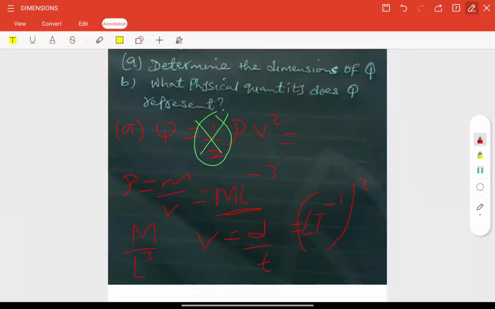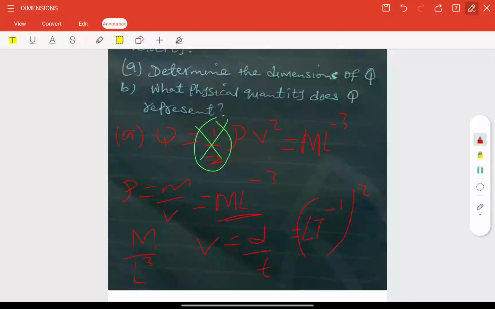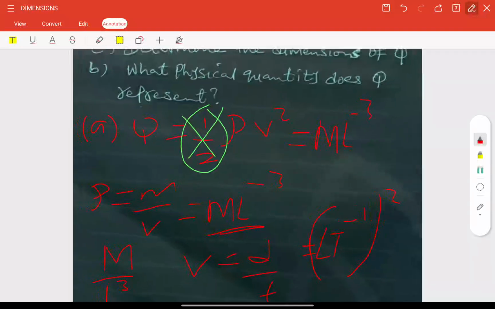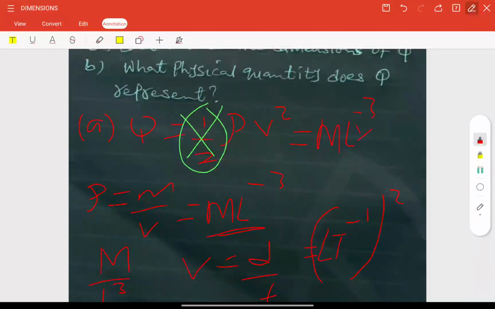Then we come back here and put the dimension for the density, which is M L raised to power minus 3. Then we multiply it by L squared T raised to power minus 2. So that's what we're going to have.